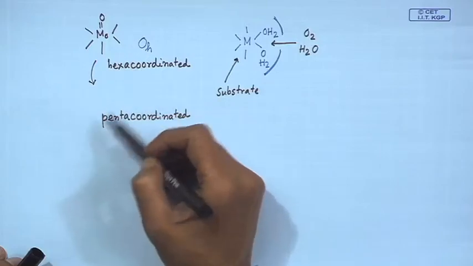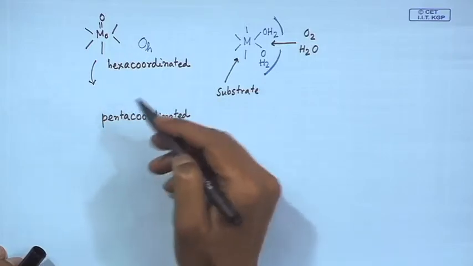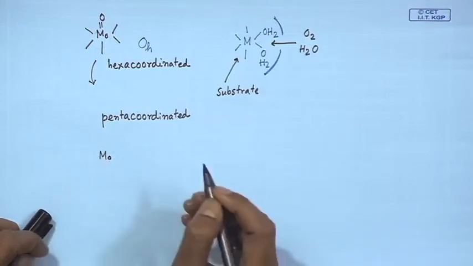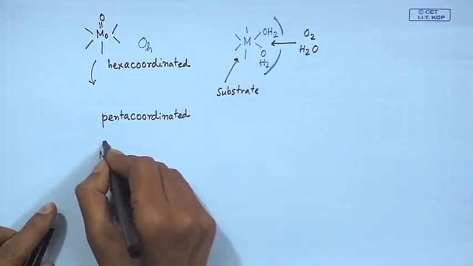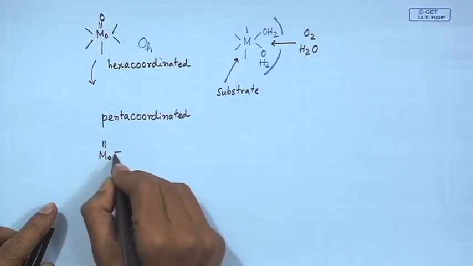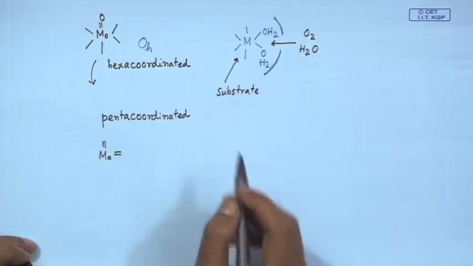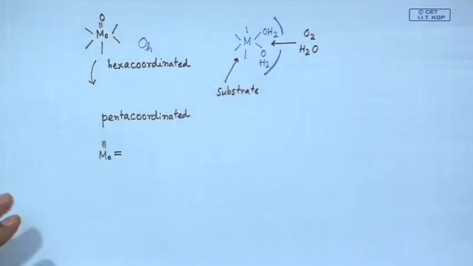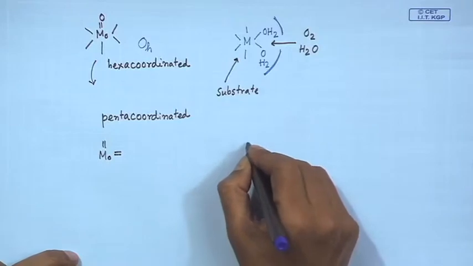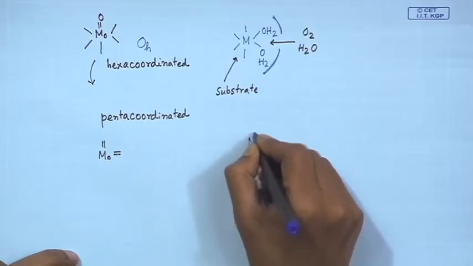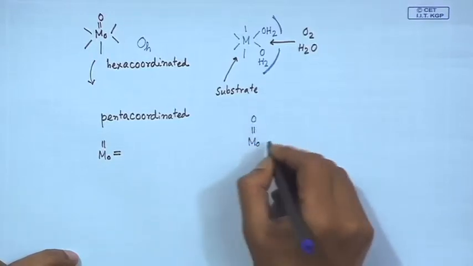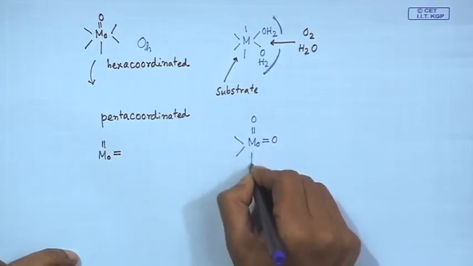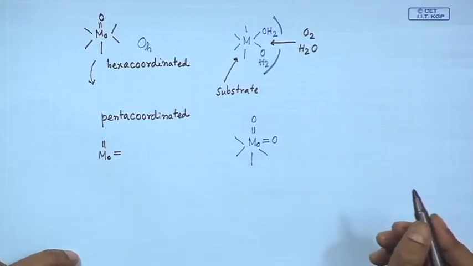So, we go down from hexacoordinated to a pentacoordinated species, which we can have based on the molybdenum. If these two positions are occupied by double bonds, as we have seen just now, we have molybdenum dioxo based on acetyl acetone.